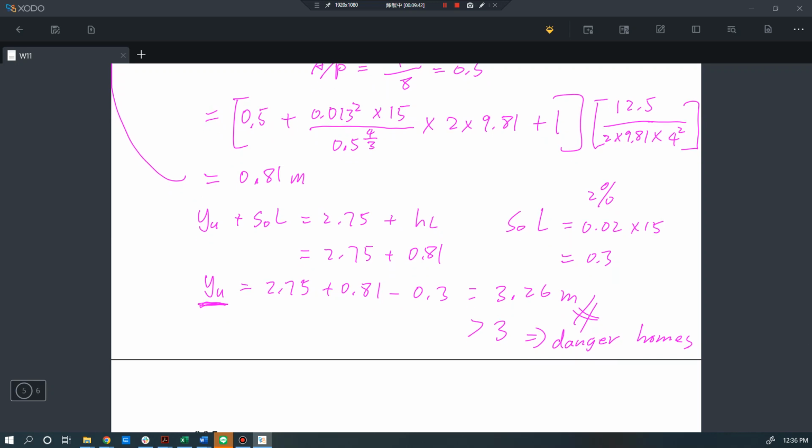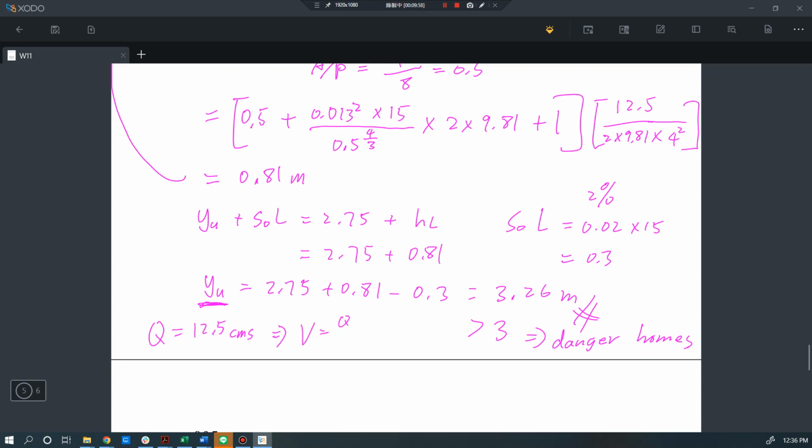Because we already know the flow rate is equal to 12.5 cms, we can easily calculate the velocity.